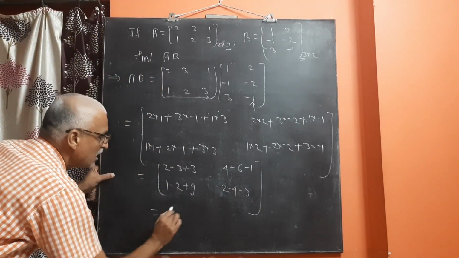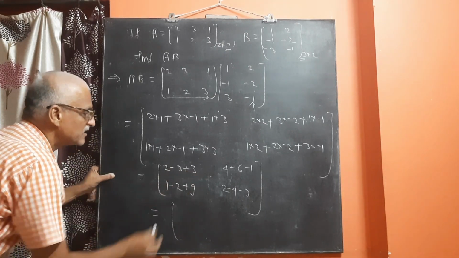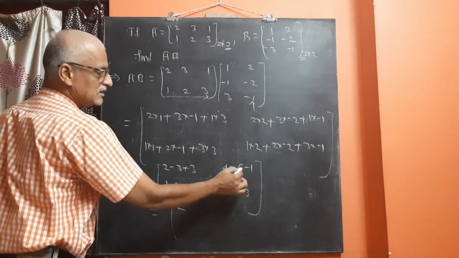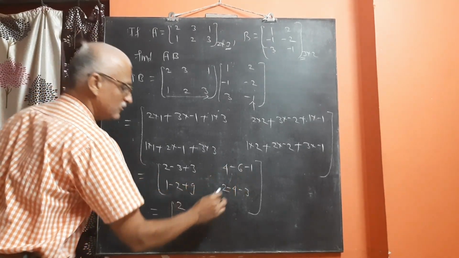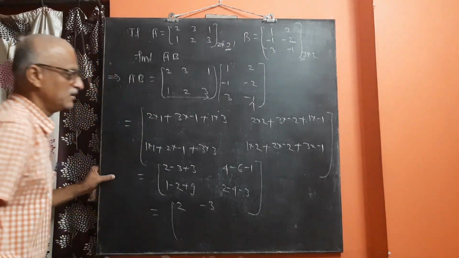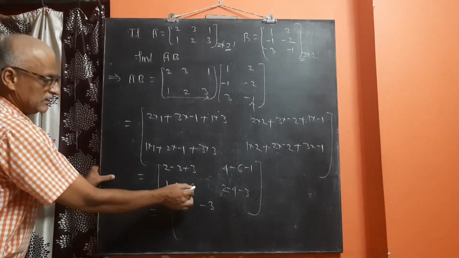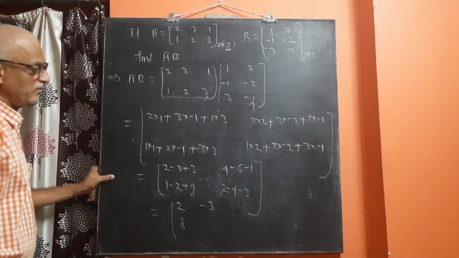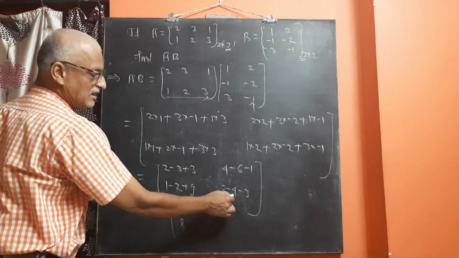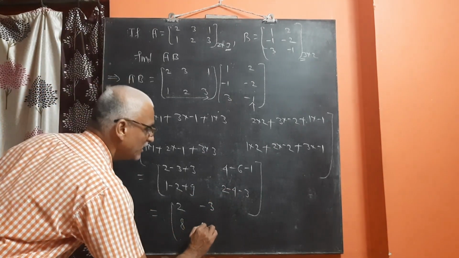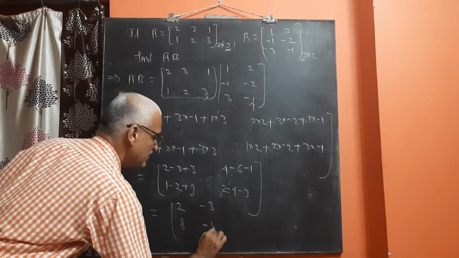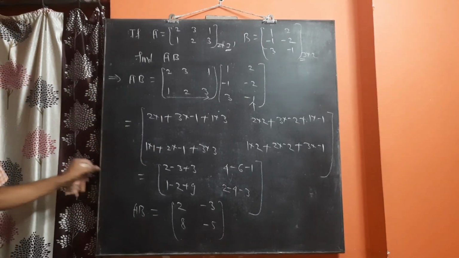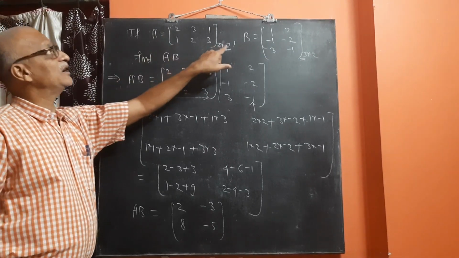So minus 3 plus 3 gets cancelled, so this element will be equal to 2. Minus 6 minus 1 is minus 7, minus 7 plus 4 that is minus 3. 1 plus 9, 10, 10 minus 2 that is 8. 2 minus 4 is minus 2, minus 2 minus 3 that is minus 5. This is the resultant matrix AB.